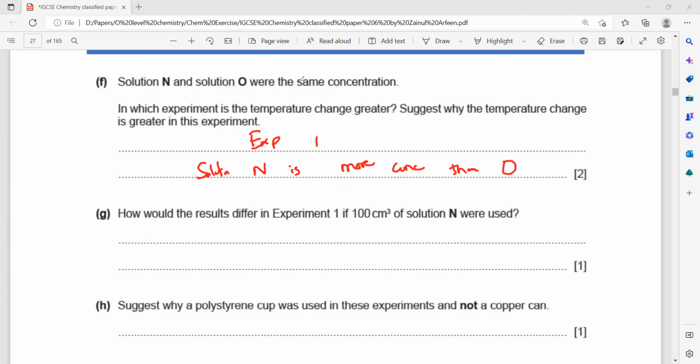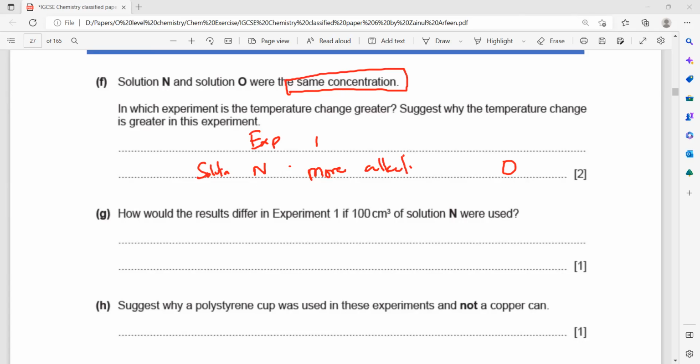In the question, if they were the same concentration, then you will mention that N is a strong alkali. Here it's mentioned it's the same concentration, so you can mention solution N is more alkaline, or a strong alkali, or it is having a higher pH.